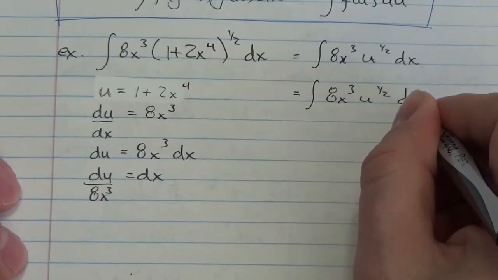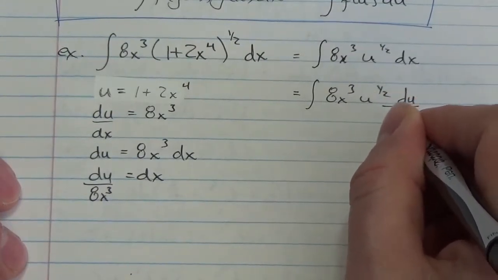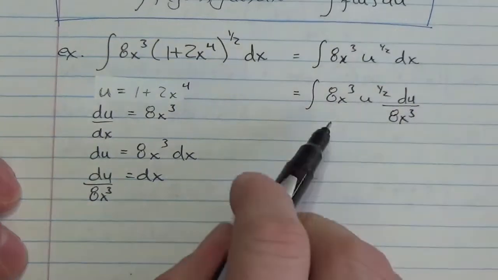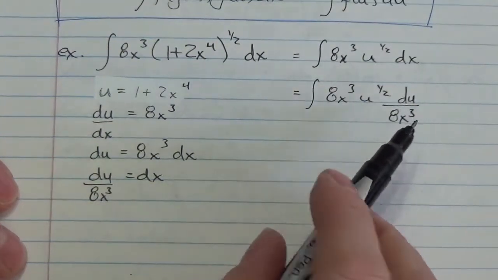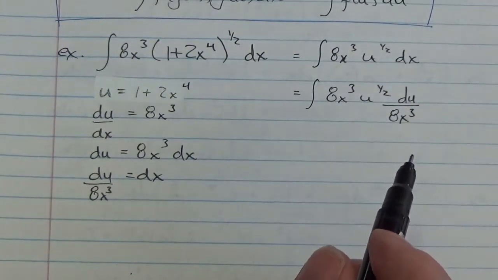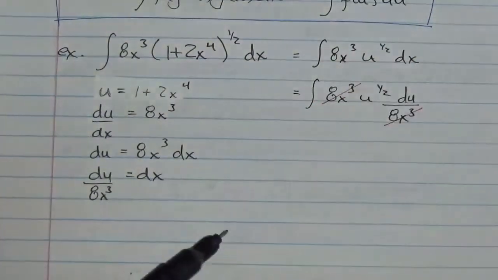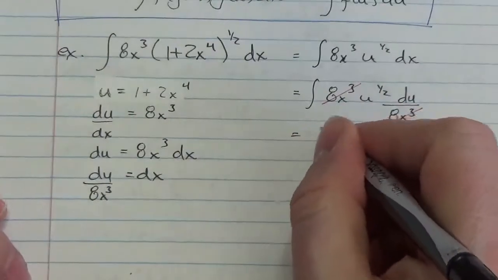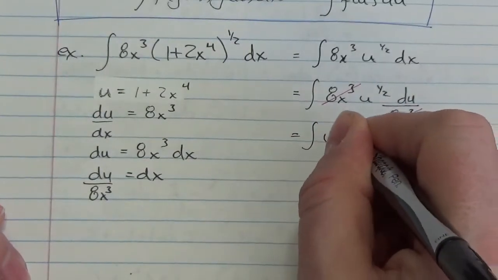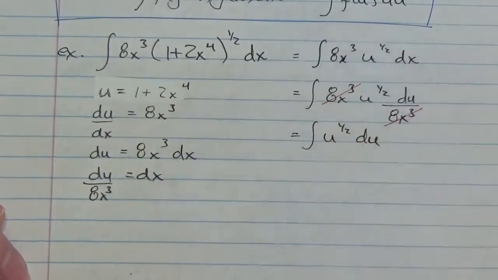So dx is going to become for me du over 8x cubed. Now I'm dividing by 8x cubed, and in this particular case, the 8x cubeds will cancel with each other. And so I'm going to be left with an integral of u to the 1/2 du.